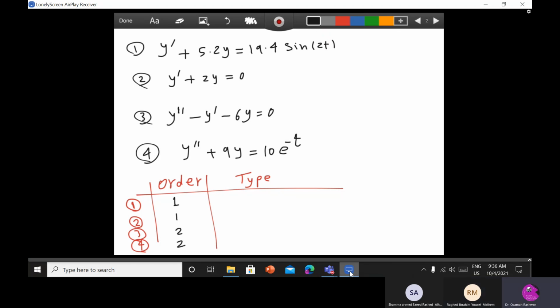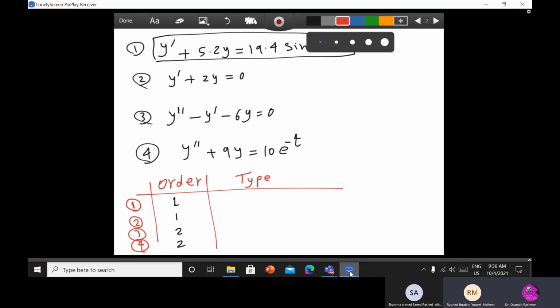What do you call number one? In the first order, you have separable, exact, non-exact, Bernoulli, linear. What do you classify this one? Linear, excellent. And we have a formula for this one, right?